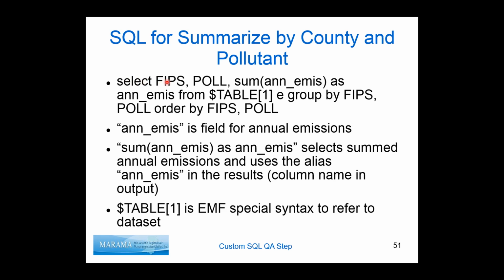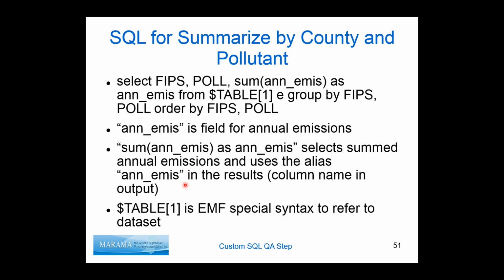We're looking at the columns FIPS, pollutant, and annual emissions, and we're doing a sum over the annual emissions. So if we want to change this to average day emissions instead of annual emissions, we would need to change the places where we see annual emissions to be the average day emissions instead.